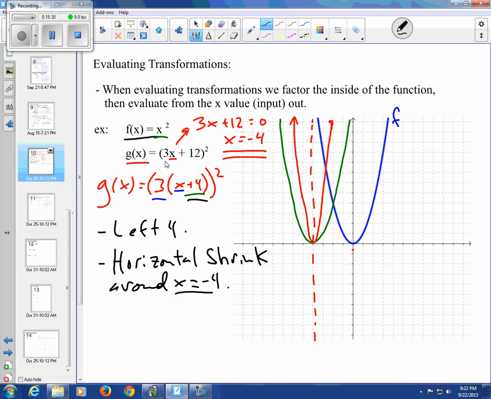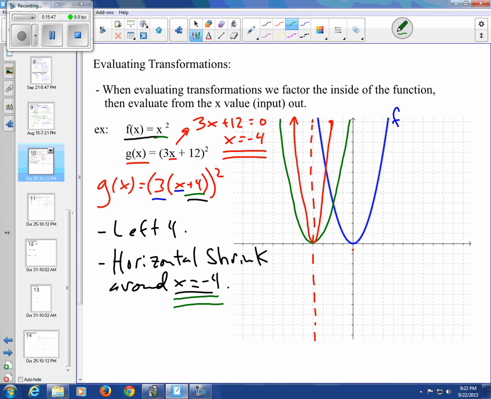Now, I might not always say around x equals -4, but for some other transformations that we're going to look at pretty immediately, we are going to have to specify where they happen on the x-axis, and that's where the function thinks the origin is.